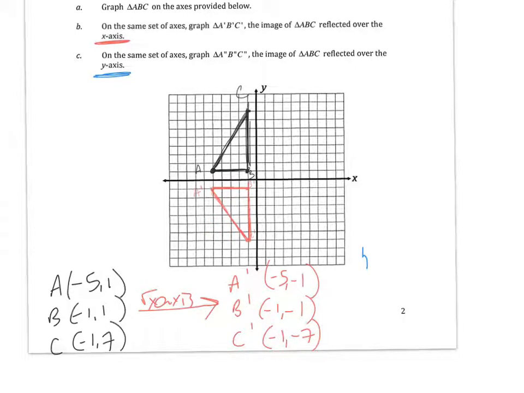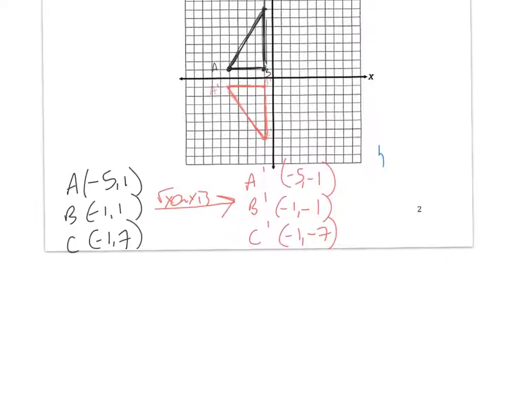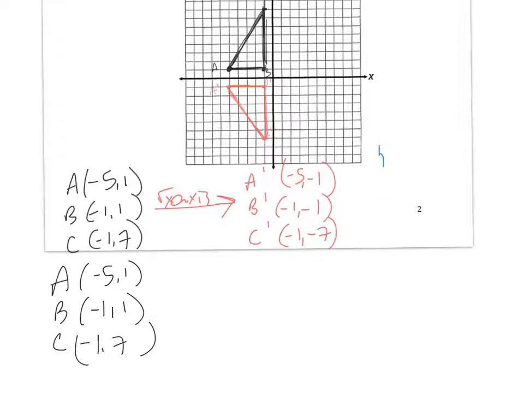So in the next case, we're going to look at reflecting the image of triangle ABC, the original one, over the y-axis. So now, in order to do that, I'm going to rewrite the coordinates again. So I'm going to write them A, B, C. This is going to be (-5, 1), (-1, 1), and (-1, 7).